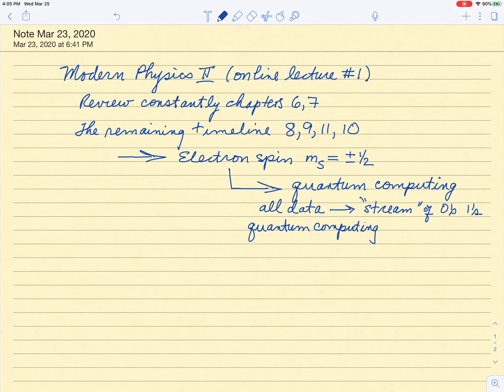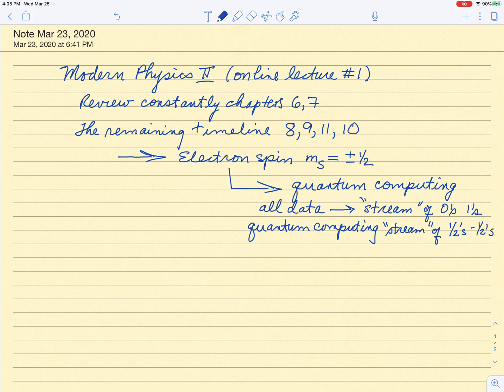So the interesting thing is that in quantum computing, since the electron spin comes in plus or minus 1/2, then we can have a stream of 1/2s or negative 1/2s. And so the information then is encoded in electron spin as opposed to a voltage.